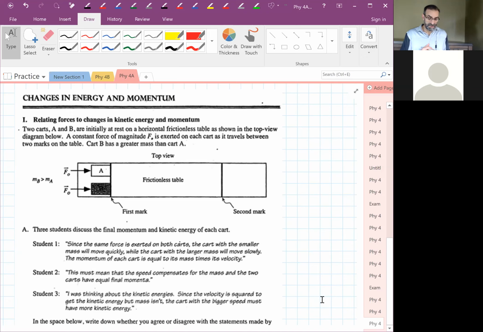They're saying the lighter one has the bigger speed, and since speed is squared, that has the bigger effect, they're going to end up with more kinetic energy than the heavy cart. Possibly, right? It's logical, but we don't know for sure if it exactly compensates that way. All right, so good stuff to think about. Let's see if we can figure it out.